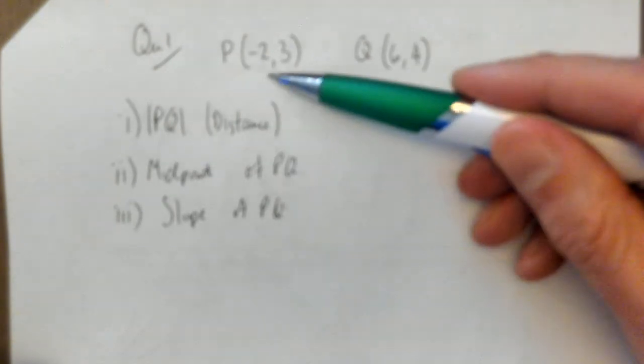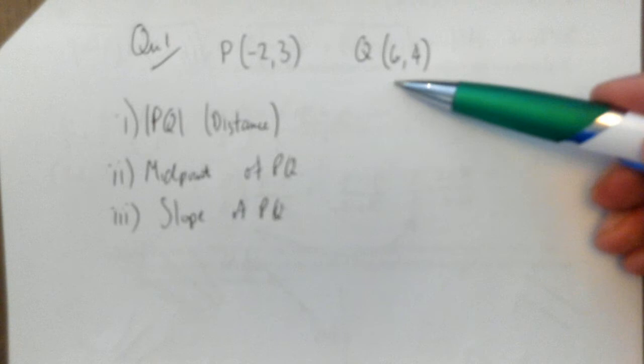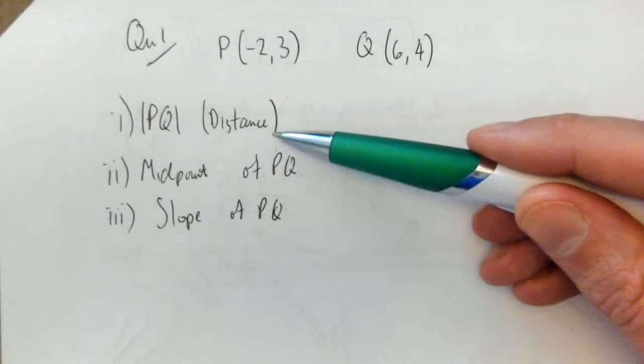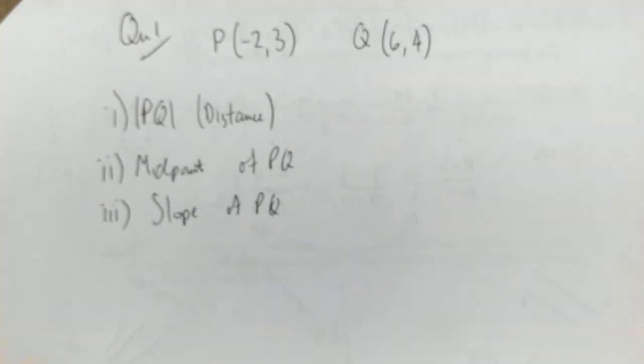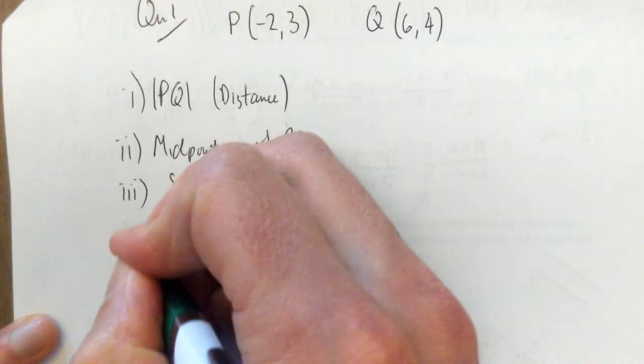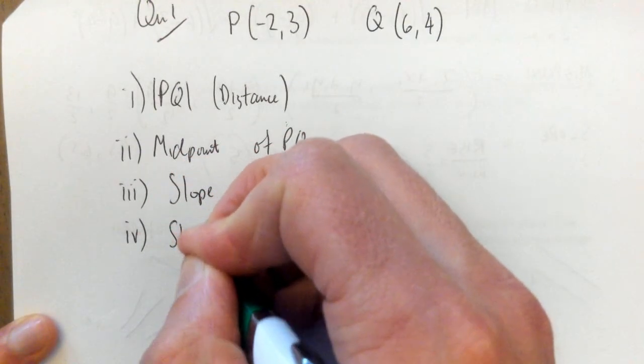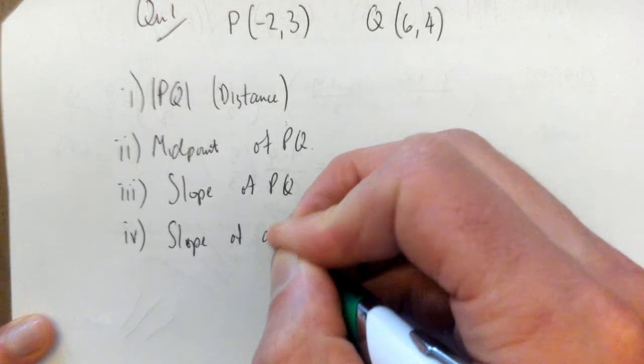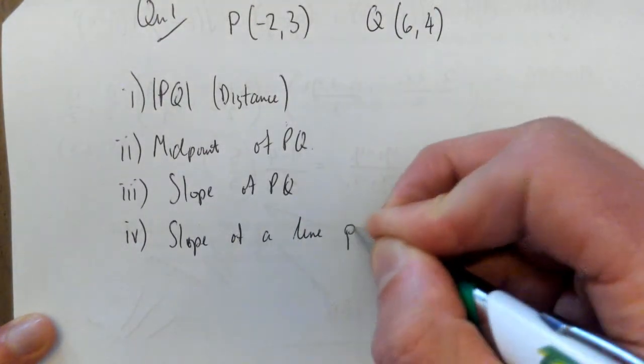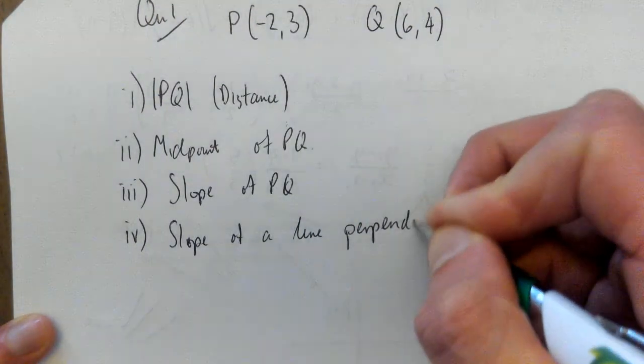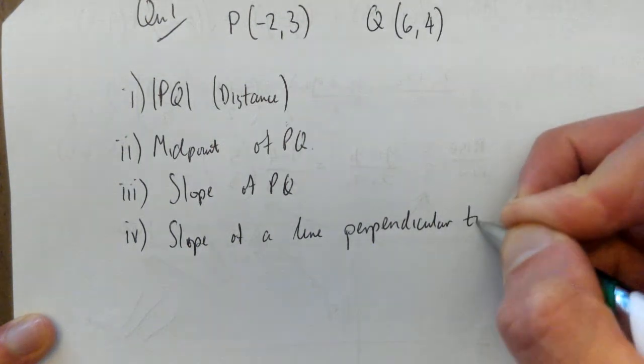Okay, so P is minus 2, 3, Q is 6, 4. Okay, distance, midpoint, and slope. I also want you to find the slope of a line perpendicular to PQ.